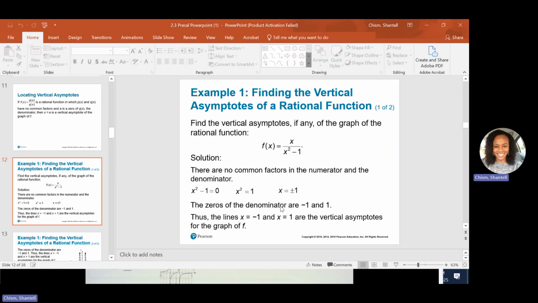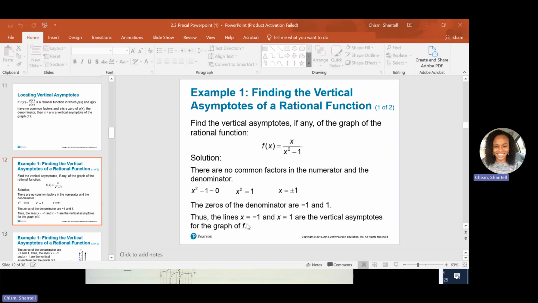So the zeros of the denominator, the solutions, because remember 0 is just another name for solution, are -1 and +1. Thus, when you write those as equations, you form the lines x equals -1 and x equals +1. They are the vertical asymptotes for that graph.